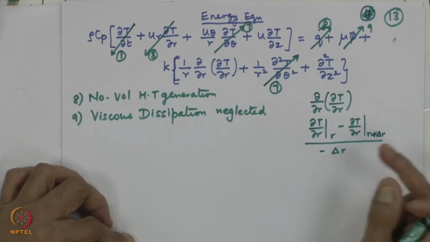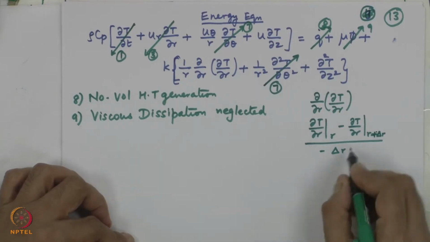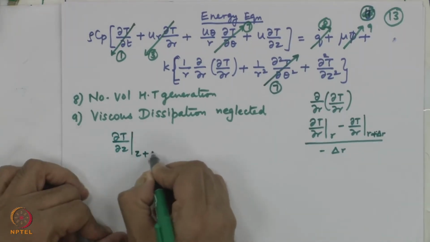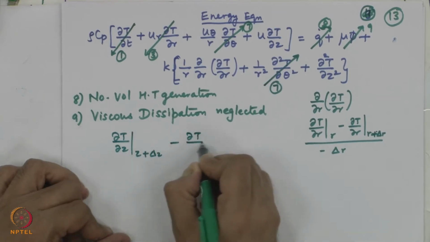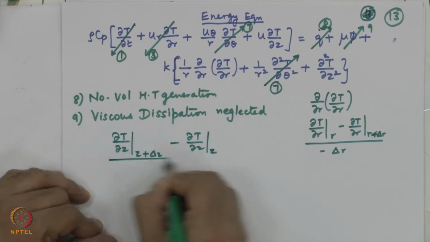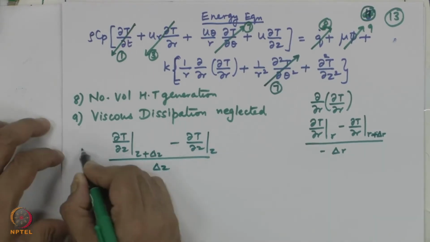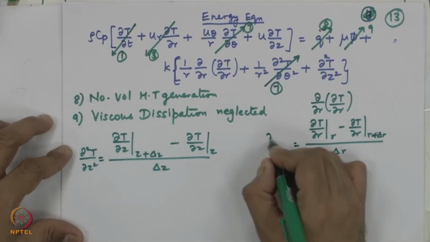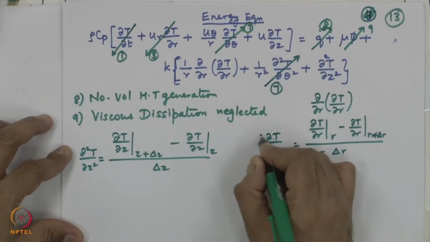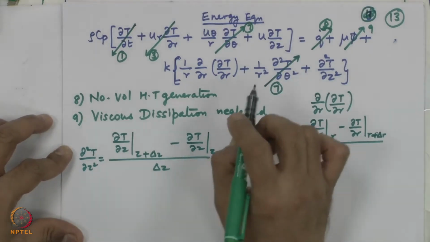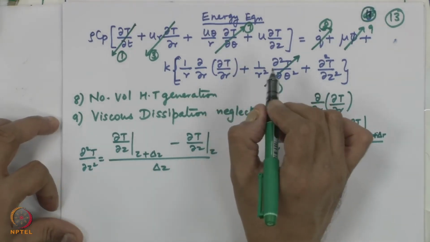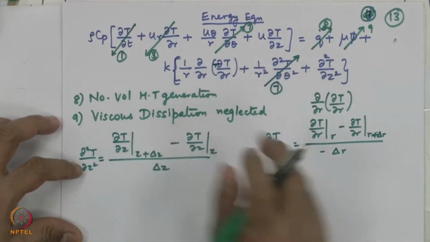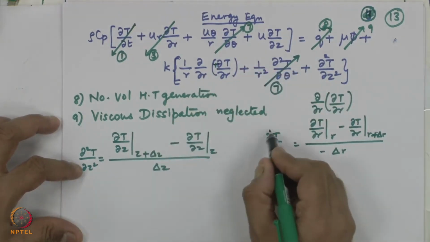So, you are talking of the second derivative. Similarly, dt by dz at z plus delta z minus dt by dz at a particular z over delta z is your d square t by dz square. This is your d by dr of r dt by dr. There is an r which is missing here, sorry. So, this is the second derivative.